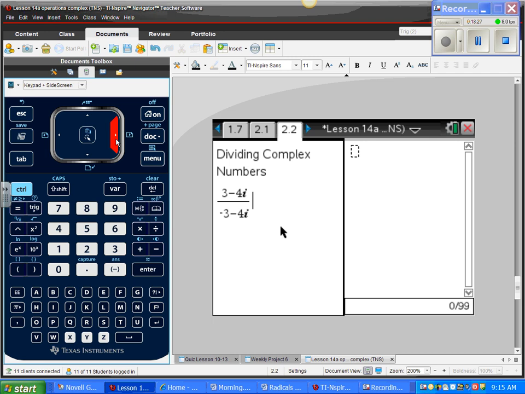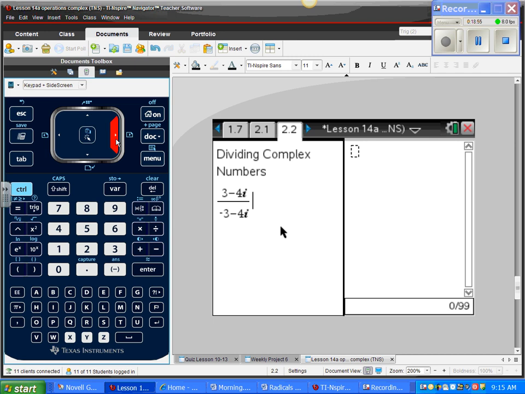Okay, so you know how when we were getting radicals out of the denominator? How did I get rid of them? I have to multiply by the denominator's conjugate. Very good. So if you have a radical in the denominator, multiply by the denominator's conjugate, right?